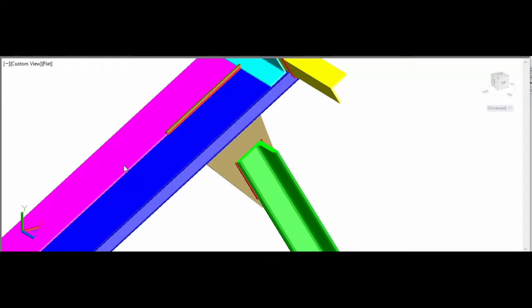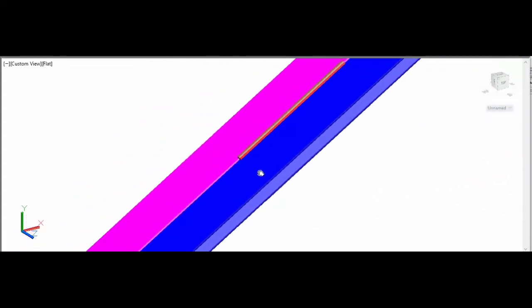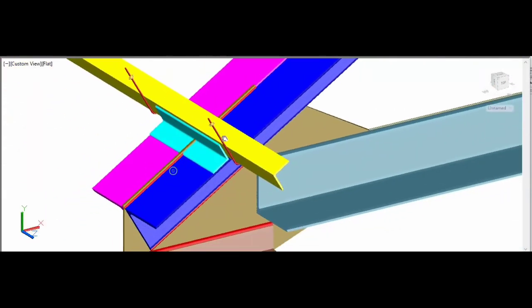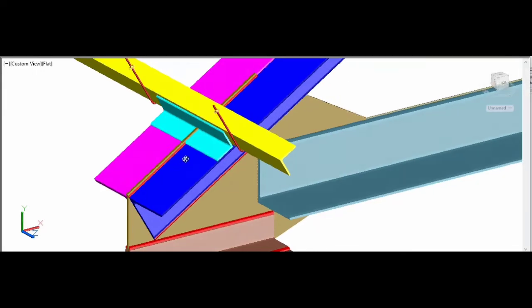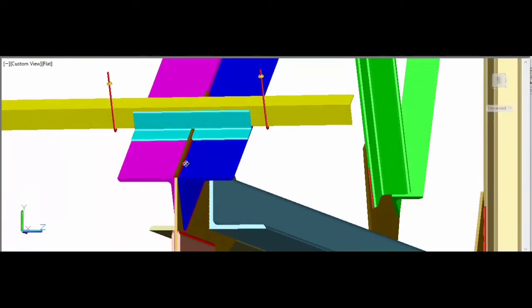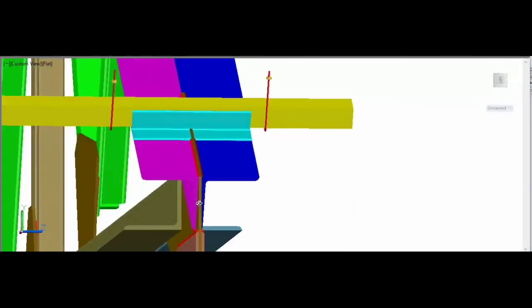Now if I look at these two members, which are called principal rafter or common rafter, they are placed on either side of the gusset plate, fastened together by a welded connection or bolted connection.